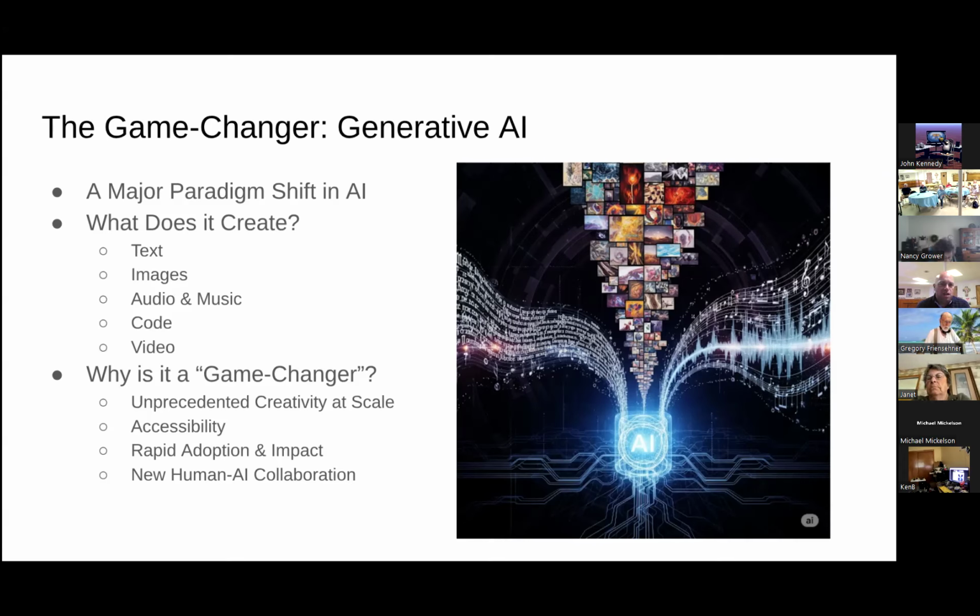The other reason it's a game changer is new human-AI collaboration. This is the part I like. It opens up entirely new ways for humans to interact with and leverage AI as a co-creator and assistant. So in this vein, I use Google Gemini. It has a special feature when you're typing an email, even. I didn't use it on the one I typed today, maybe I should have, where it'll pop up and ask you if you want to polish the message.